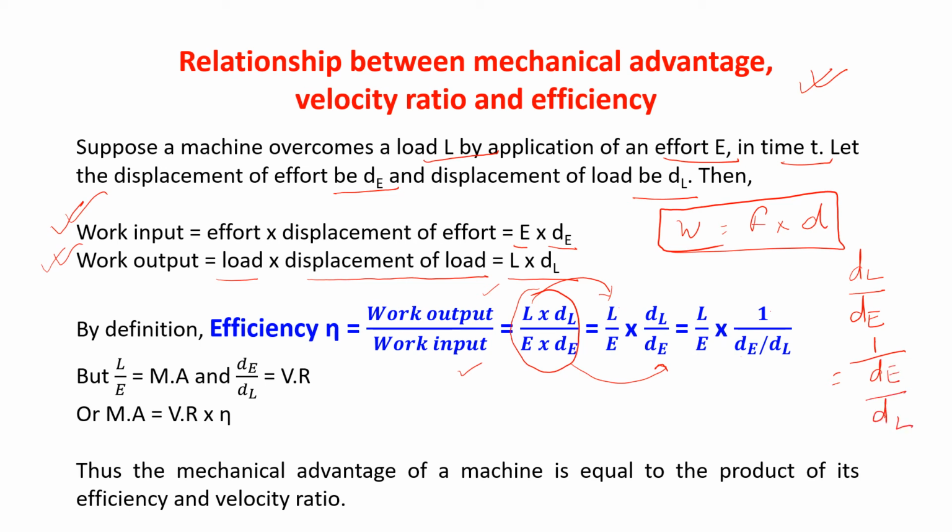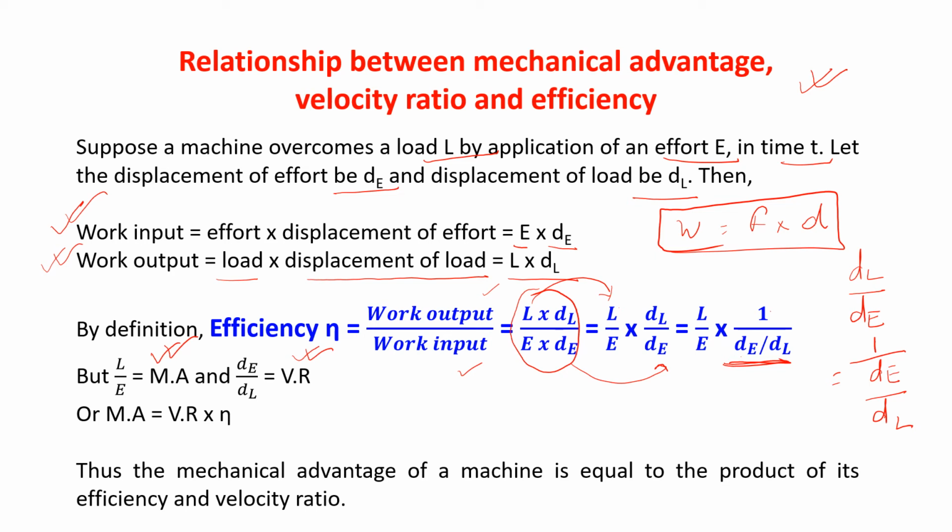So dL will go in the numerator in this case. So L by E is nothing but mechanical advantage, and dE by dL is nothing but velocity ratio.